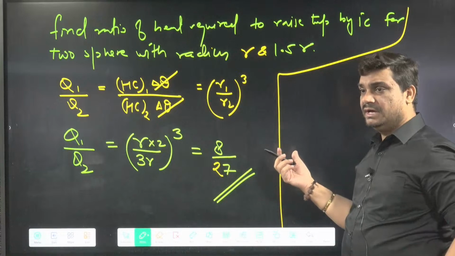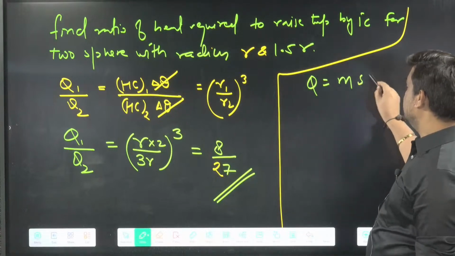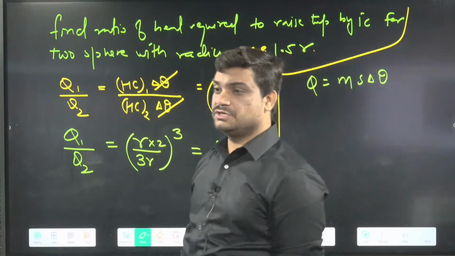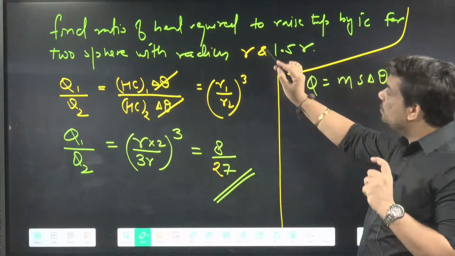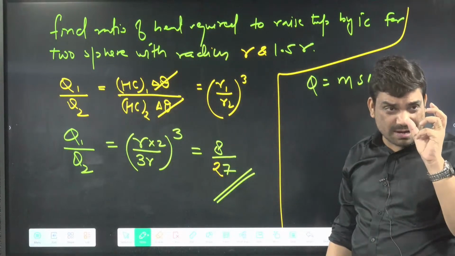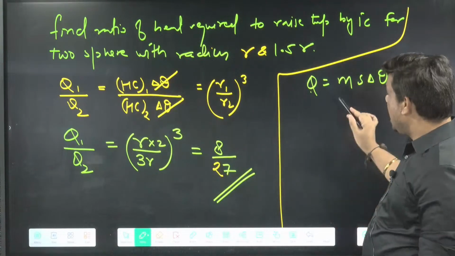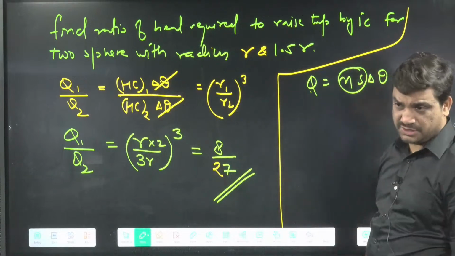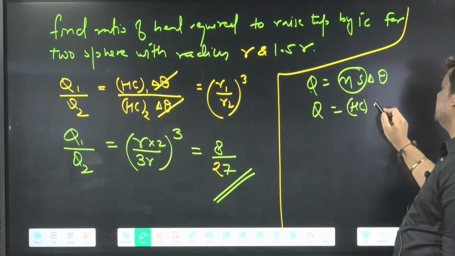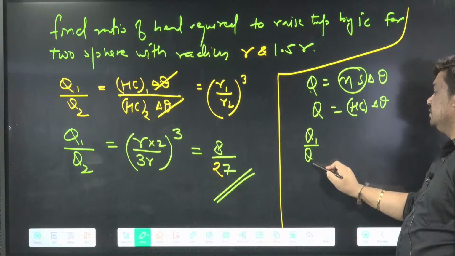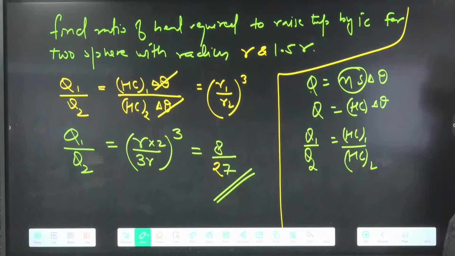In this one, what I am saying here is Q is basically equal to ms delta theta. Arshad, listen here. I'm asking the ratio of heat required, meaning ratio of Q. So Q ratio means we have to find Q1 by Q2, and I can write this ms as HC, because you know heat capacity is the ms. So this can be written as HC into delta theta, and then Q1 by Q2 becomes HC1 divided by HC2, and delta theta is the same because it is 1 degree Celsius.